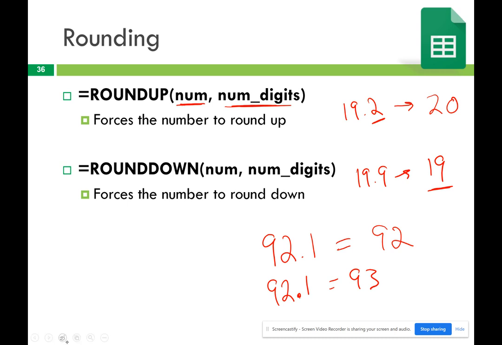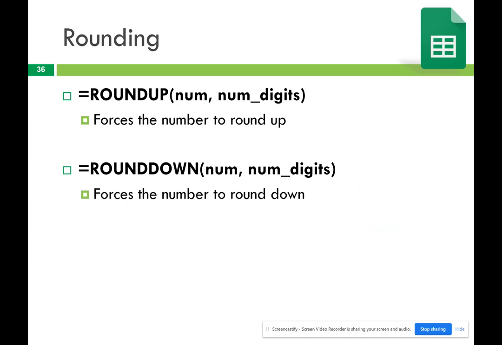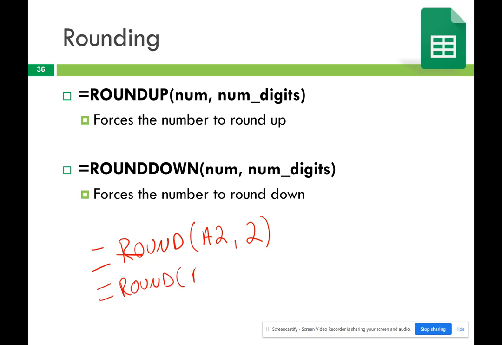One of just little tricks that you'll learn here is as we write this, I'm just going to use the round function here for a second. Take the value in A2 and round to 2 decimal places. Right? Take the value in A2 and round to 4 decimal places.